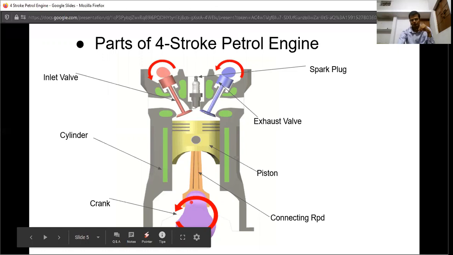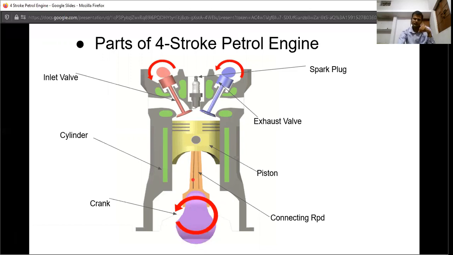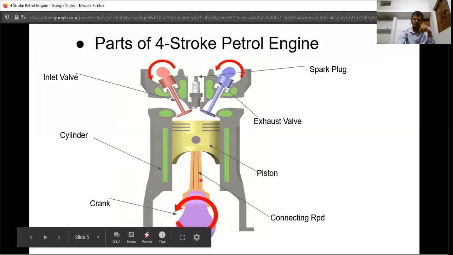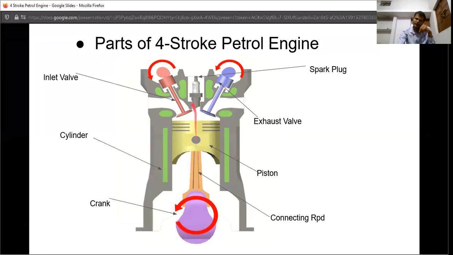As the piston moves up and down, this up and down motion is called reciprocating motion. To convert this reciprocating motion, the crank and connecting rod are used. This part is called the inlet valve.